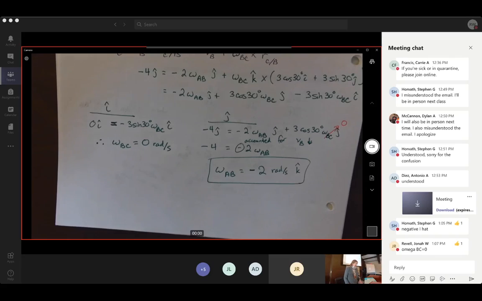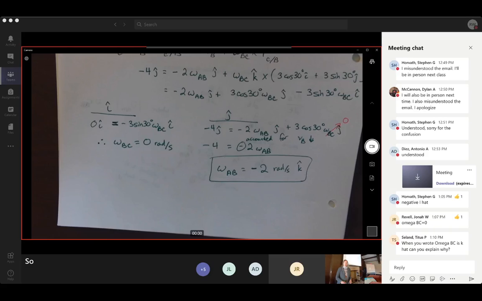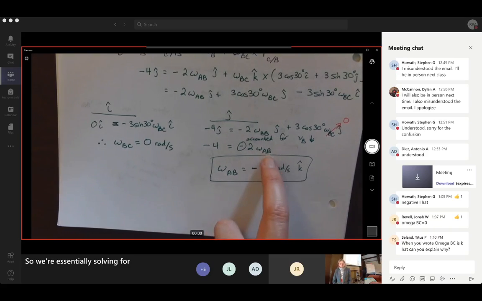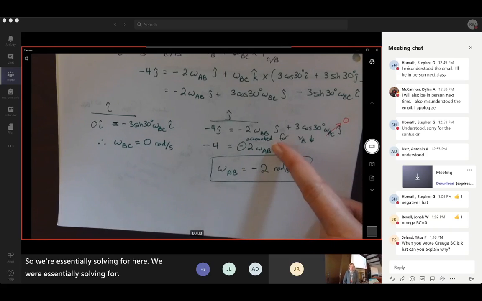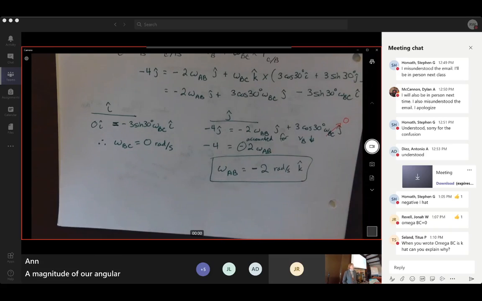Okay. Does that make sense why we did that? So here we were essentially solving for a magnitude of our angular velocity, since we'd already accounted for its direction.